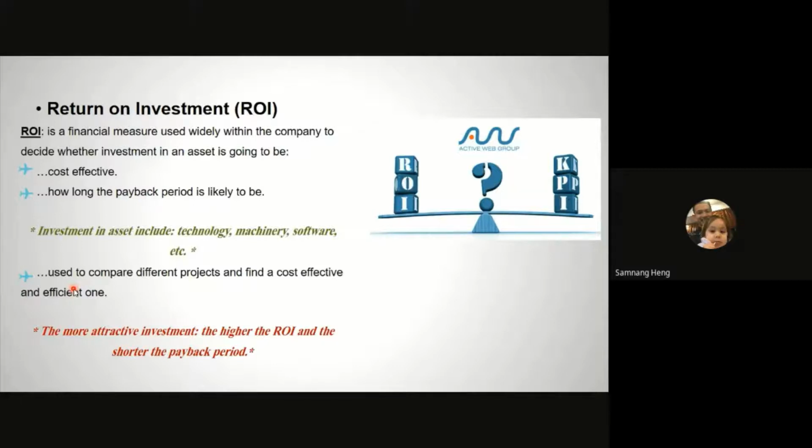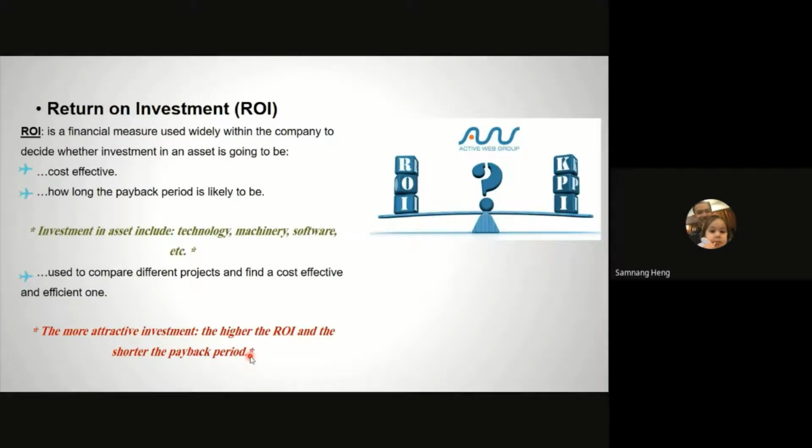So ROI helps you to decide which investment, or what we call a project. Maybe we use the word investment. Which investment is better than the other option? For the more attractive investment, we focus on the one that has a higher return on investment and a shorter payback period.